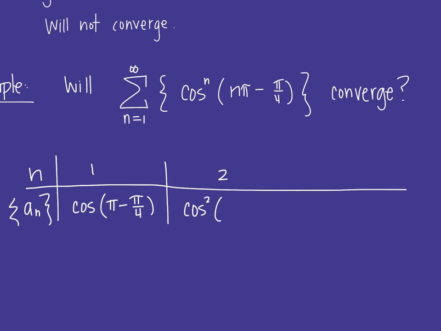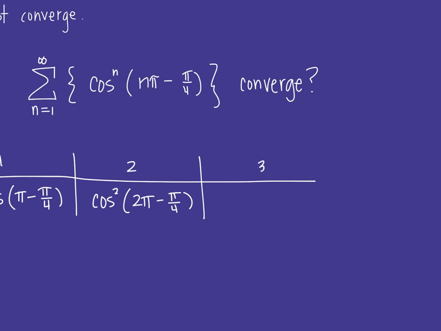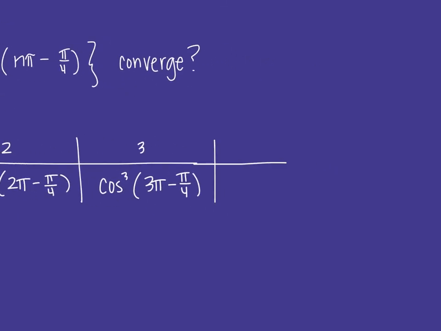Cosine squared of 2 pi minus pi fourths. When n is 3, cosine cubed of 3 pi minus pi fourths. I think 4 might be enough. We might get it by 4. Okay, 4: cosine to the fourth of 4 pi minus pi fourths.